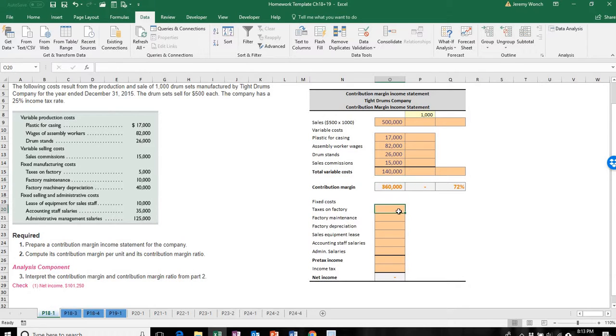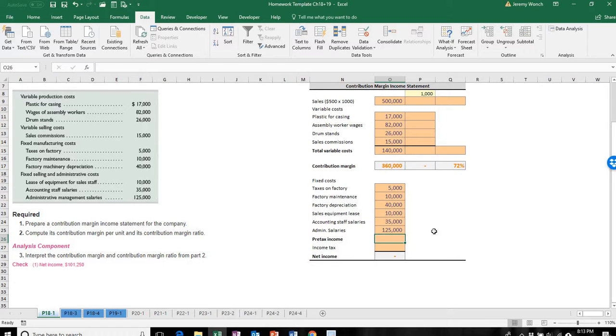Now we can just go ahead and plug in our fixed cost. Taxes on the factory is $5,000, $10,000 for maintenance, $40,000 for depreciation, $10,000 for lease, $35,000 for accounting salaries, and $125,000 for admin salaries.